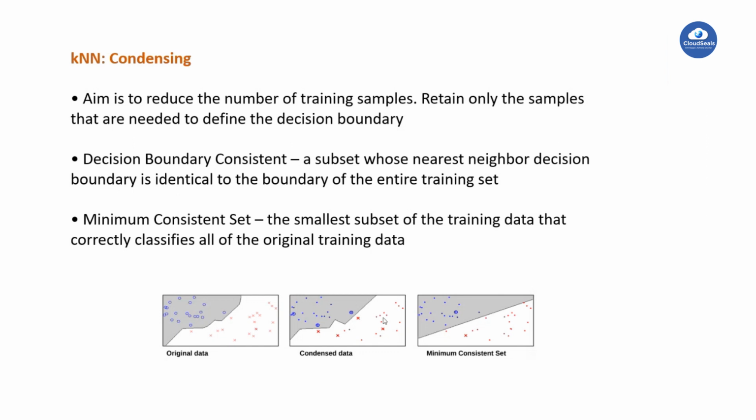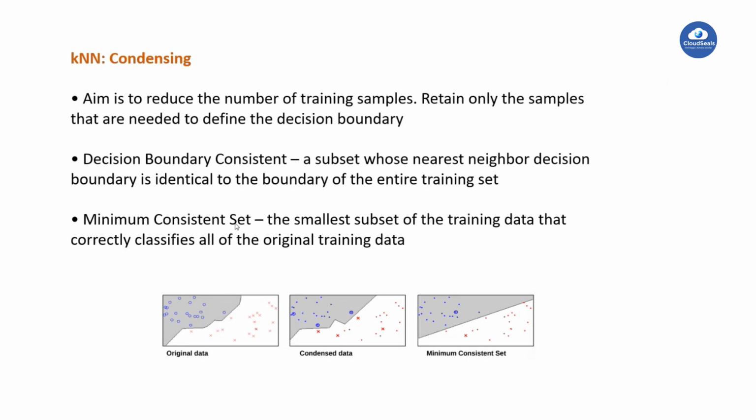If red lies here, that's okay. But if a blue one is here, it will become a misclassification. For that purpose, we need to take a minimum consistent set.